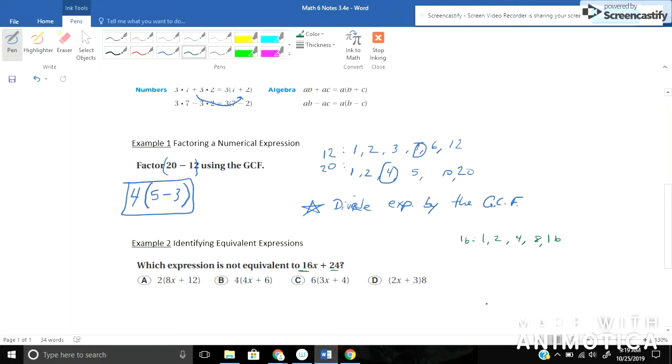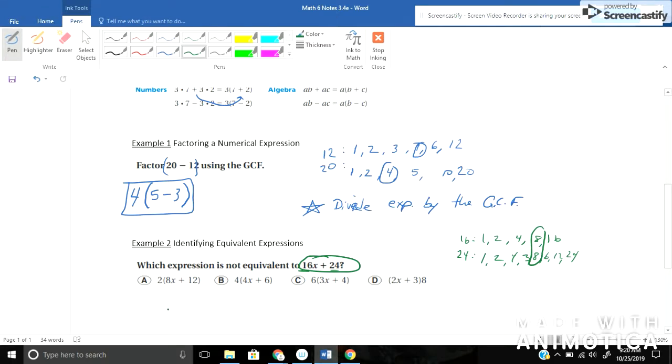And factors of 24 would be 1 times 24, 2 times 12, 4 times 6, and, oops, I forgot, 3 times 8. Okay? The greatest common that they have between them is 8. So I'm going to factor out 8 from this expression right here, because 8 is what they have in common.